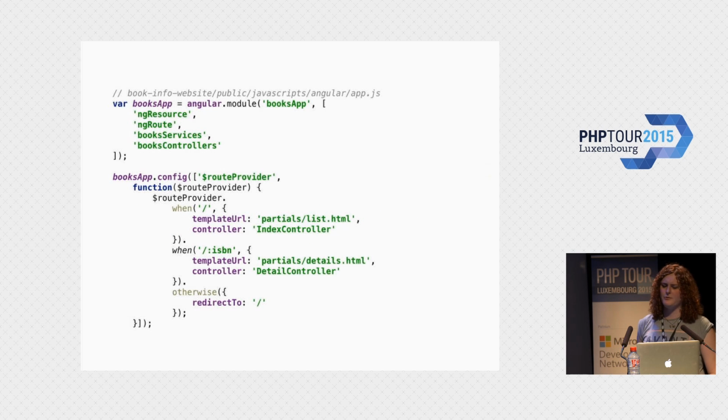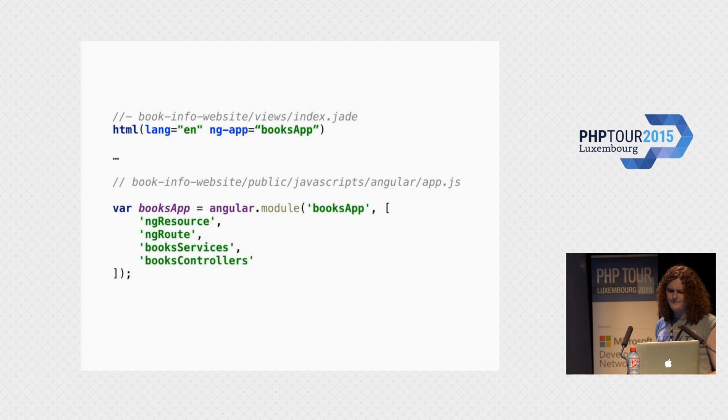OK, so let's talk about the app.js. Now, the app.js is our main file, basically, for this application. And there's a few things to notice. So firstly, we set the scope that we want our application to run within. And our application is an Angular module. So you can see here that we define an Angular module, Books app, and that the app matches up with a name in the HTML head with an ng-app tag, Books app.